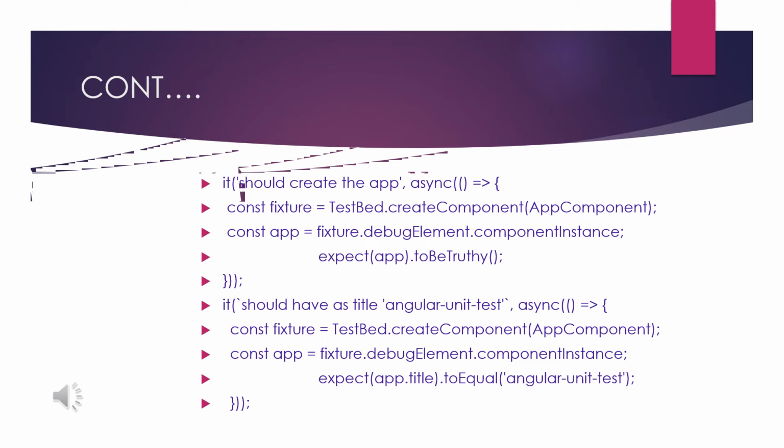In the next test I have given should have title Angular unit test, which again uses the same configurations. Again I'm expecting this app's title should be equal to Angular unit test. It will check this app's title statement, take its content, and compare it with what I have given in toEqual, Angular unit test, to check whether both are equal or not.